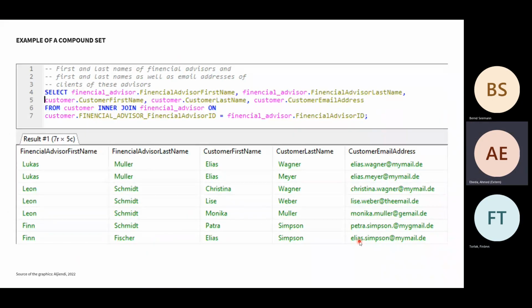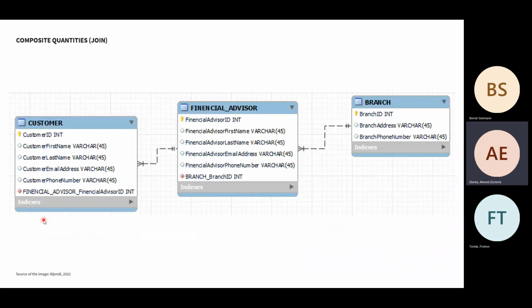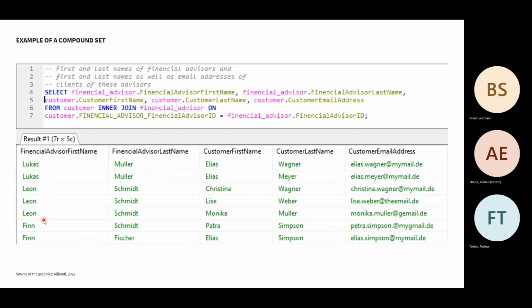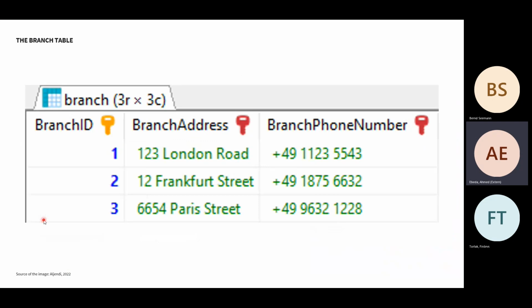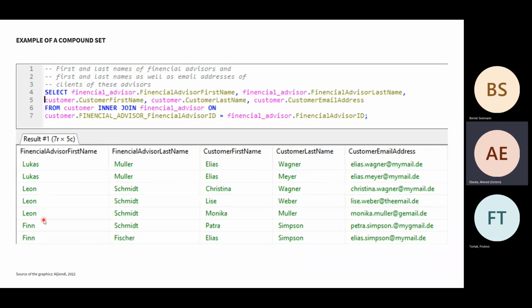Okay, so let's go through what if you want to show something like this. You have the different data in these tables, containing some data, like 1, 2, 3, and we want to show from this the advisor first name, advisor last name, customer first name, last name, and the email address.